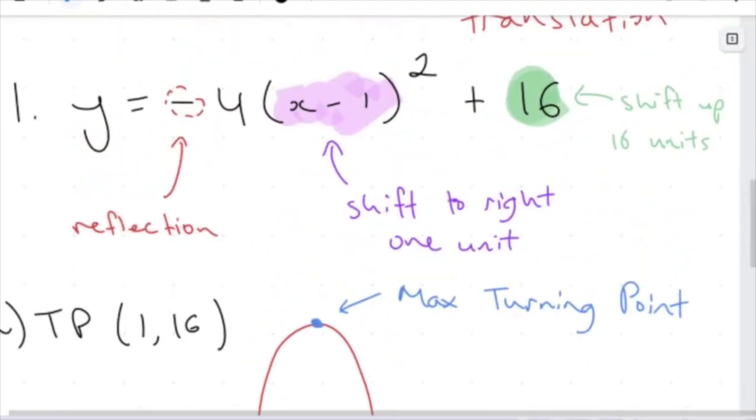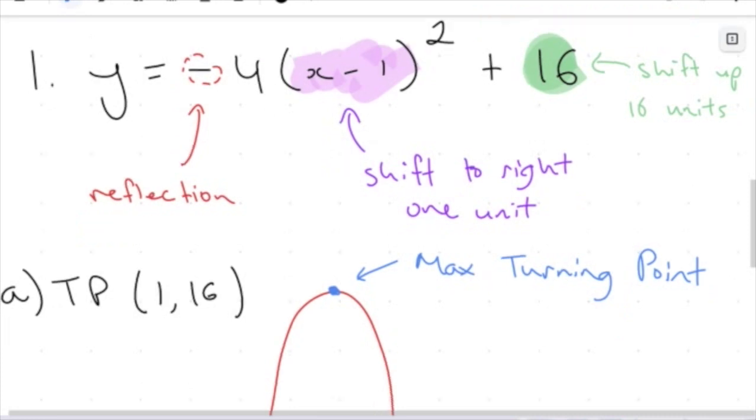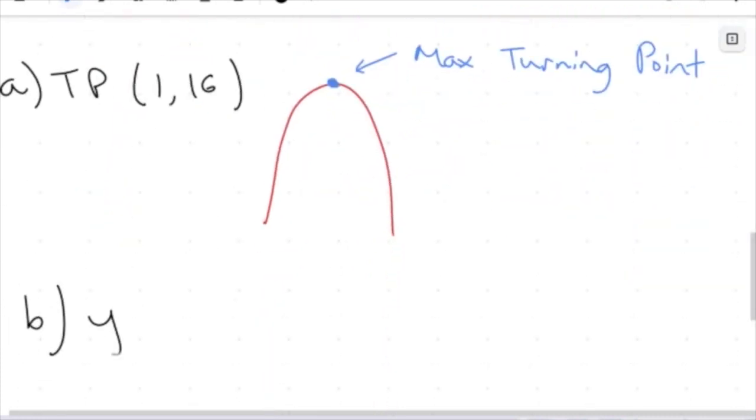But for part B, we want to find the y-intercept. So remember, from the previous series on parabolas, we looked at how we can find these different x and y intercepts using what we learnt from linear relationships. So the y-intercept happens when x equals 0.